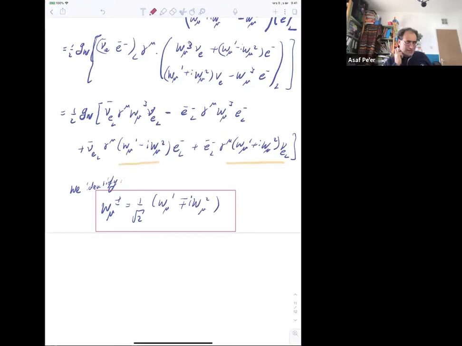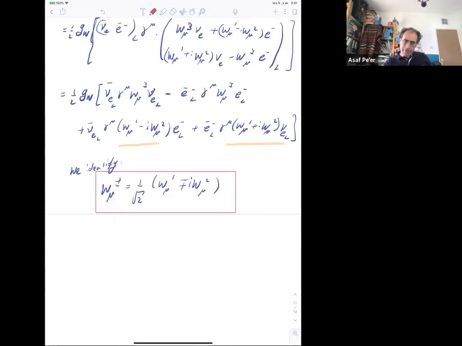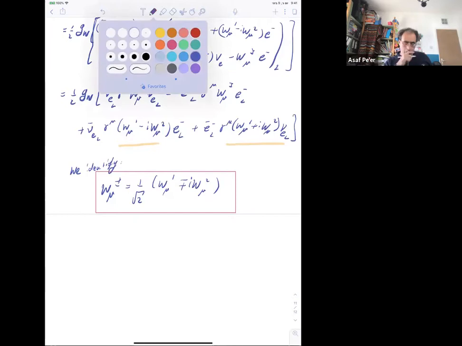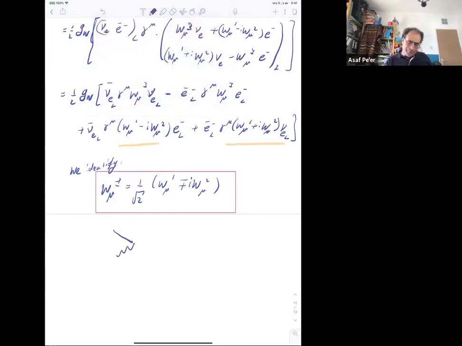Now, just as a small note, how do we know which is the W plus and which is W minus? You can think of the neutrino as an operator that destroys an initial neutrino, and the E bar as an operator that creates a final electron. And W is an operator that destroys the initial W. If you have a Feynman diagram, you start with a neutrino left and a W minus, and end up with an electron, left one.